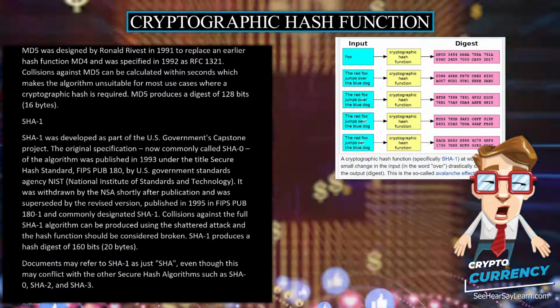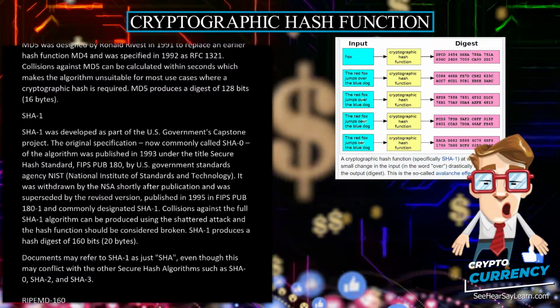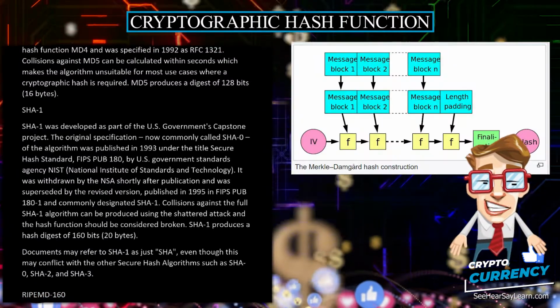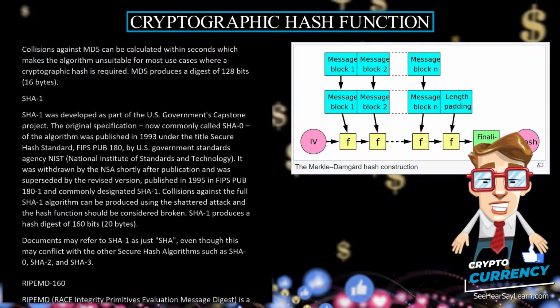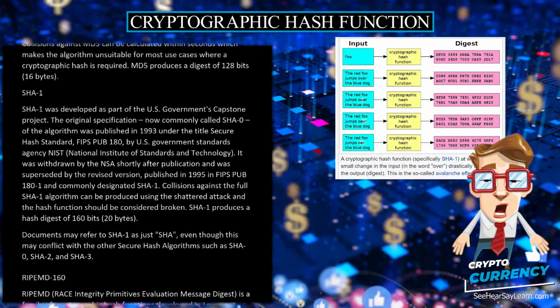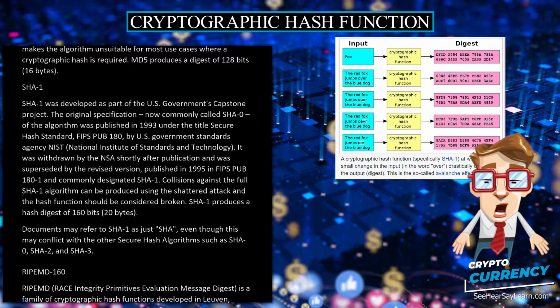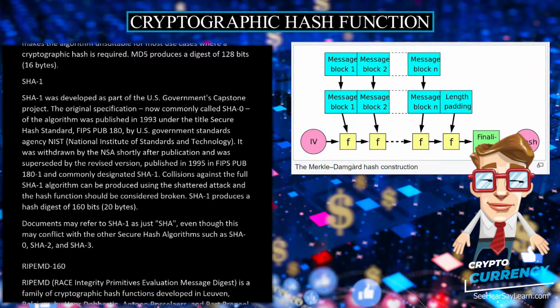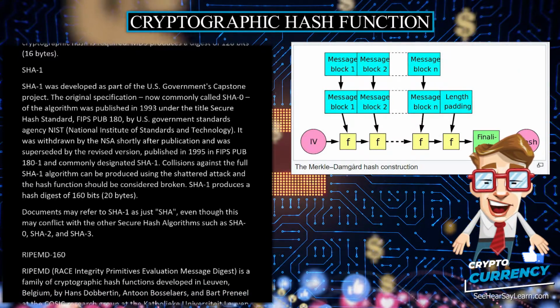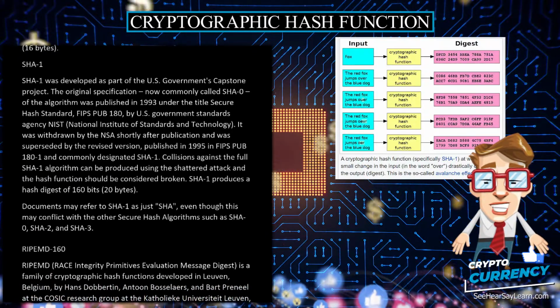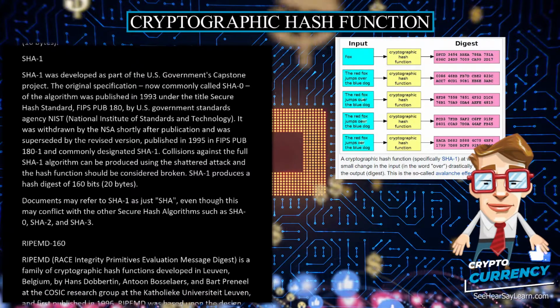Whirlpool. Whirlpool is a cryptographic hash function designed by Vincent Rijmen and Paulo S. L. M. Barreto, who first described it in 2000. Whirlpool is based on a substantially modified version of the Advanced Encryption Standard, AES. Whirlpool produces a hash digest of 512 bits, 64 bytes.